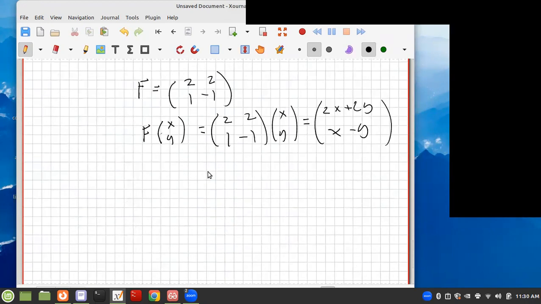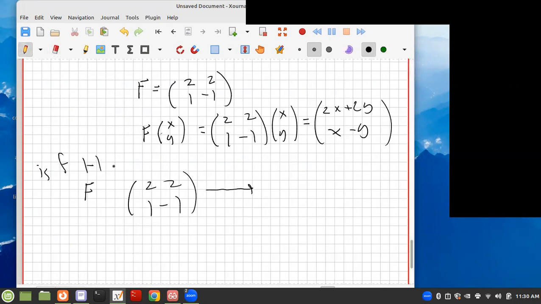Okay, so you could say, well, is F one-to-one and onto? Well, we could look at the general formula like we've done before, or we could take F, that is, say, 2, 2, 1, minus 1, and ask: is the map F one-to-one and onto?